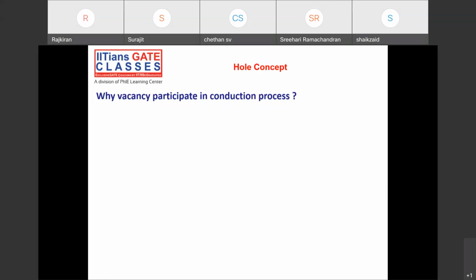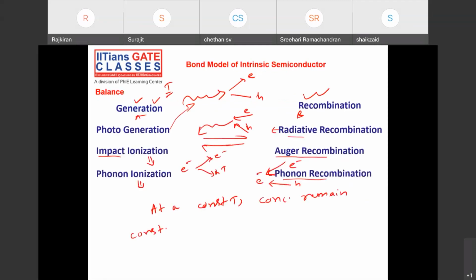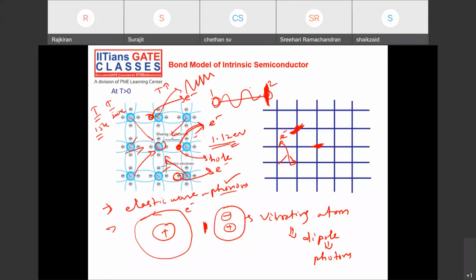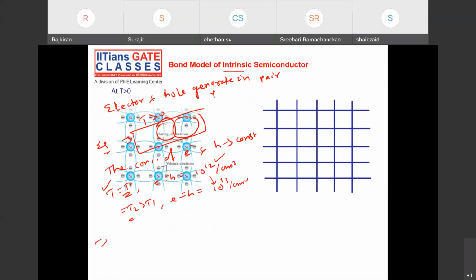When an electron is free, it is completely free, right? It is free to move anywhere. So when it meets a hole, how will it create another hole?